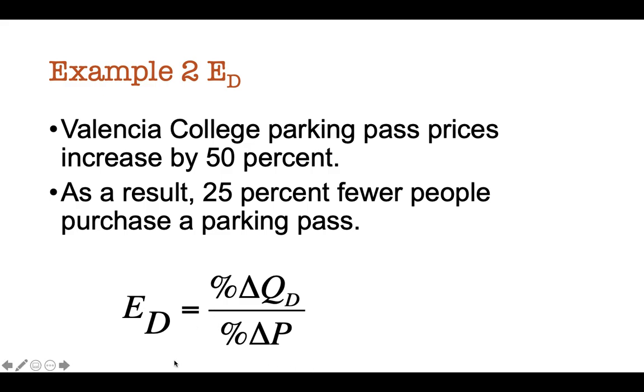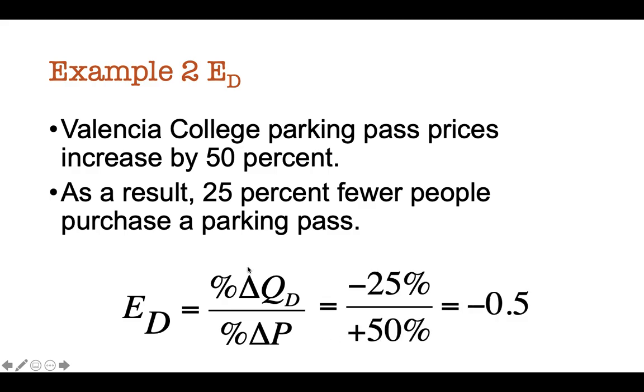So if we plug those numbers into our equation, we're increasing the price by 50%. As a result, people buy 25% less. So we will have this negative number up here for the percent change in quantity demanded, because we're talking about people buying less. Negative 25% over a positive 50% is going to equal negative 0.5.